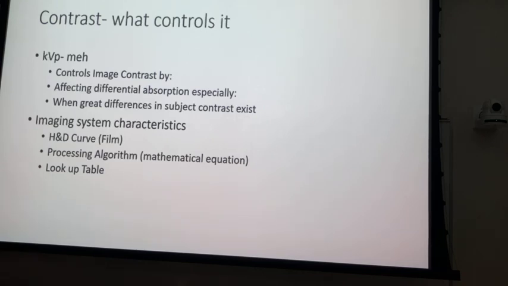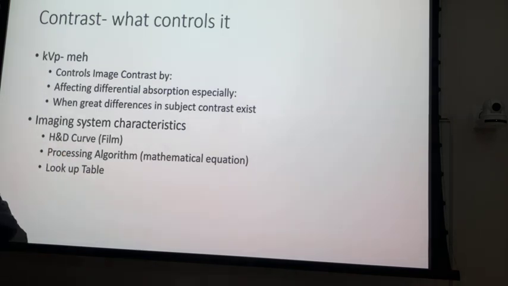So really, the imaging system characteristics are what control your contrast now, and that is your processing algorithm. That's just a mathematical equation. That's your lookup table applied to your histogram. Both of them, again, are histograms. The lookup table is just a stored histogram that your computer is going to compare against yours.